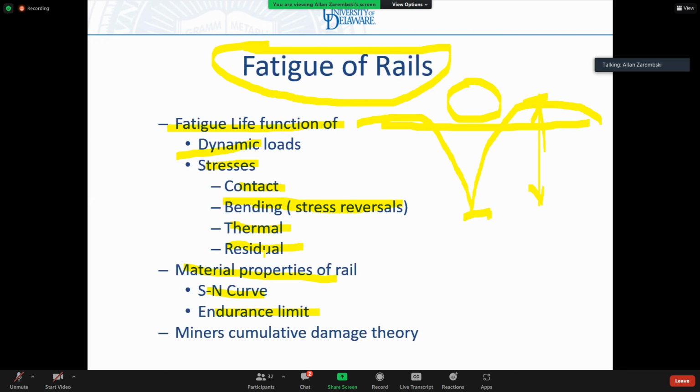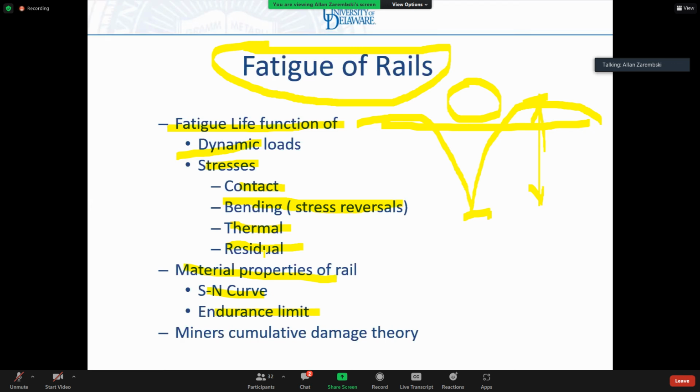Remember that nice complicated manufacturing process with those roller straighteners and everything else that I showed you? By the time the rail goes through that whole process, there's actually a certain amount of stress that's already locked into the rail. And that stress is called the residual stress.